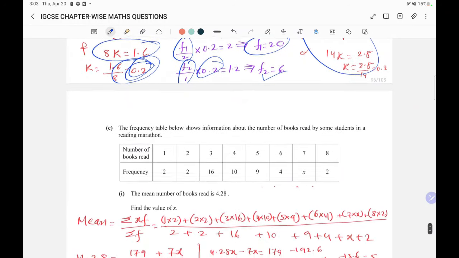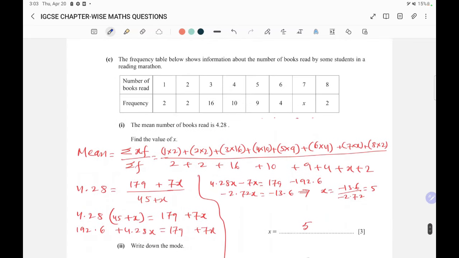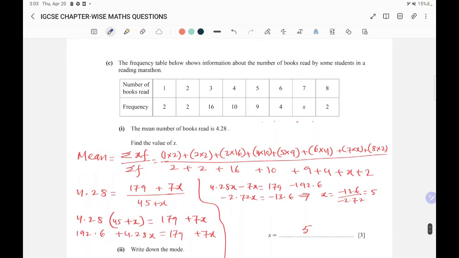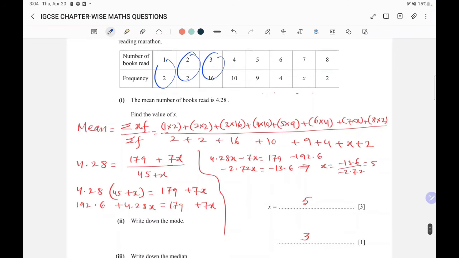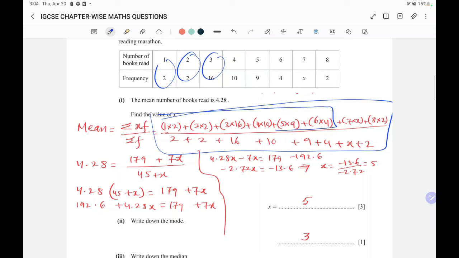So same thing. Now part C, the frequency table shows the mean number of books. We just need to find the mean. So here 1 times 2, 2 times 4, like that, just multiply and add. Up to here you will get some value, 179.